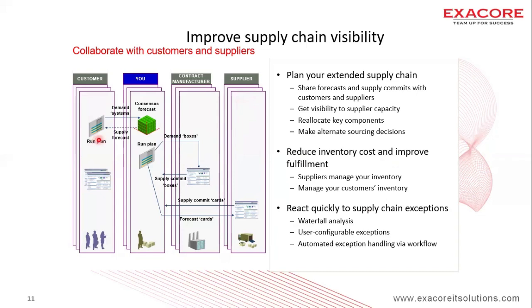So for example, in this particular representation, we can see a demand has been generated to the system. So the organization will have a forecast. And once the supply chain plan is run, the demand will convert to a supply. So the supplier will supply the required materials and the organization will produce the products and it will be given to the customer.